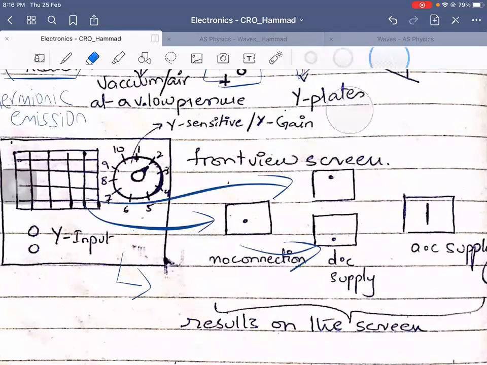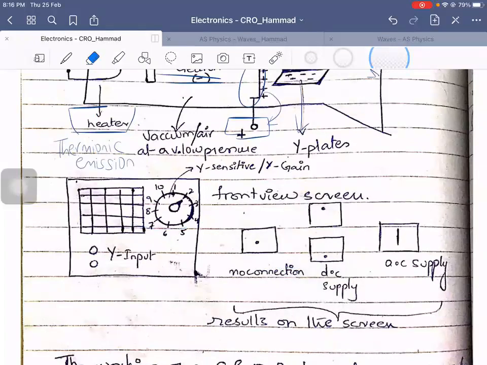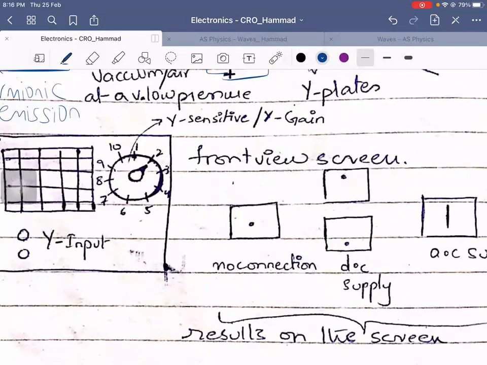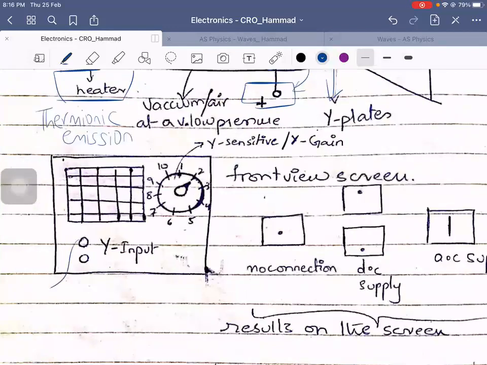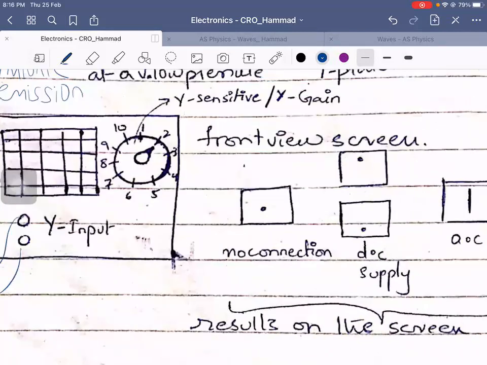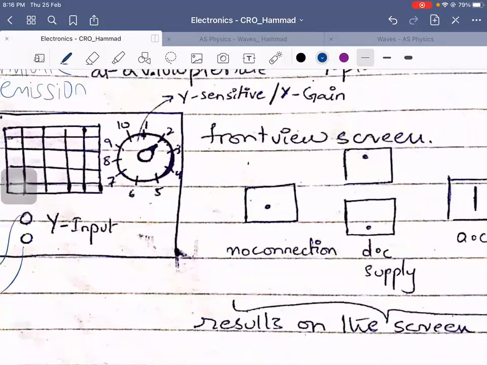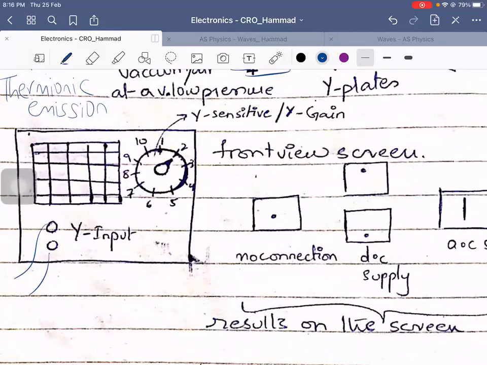Let's say for a minute that I connected my CRO, that is the Y input, right? I've just switched on the CRO. There are no connections to it. There would be no connection to the Y plate, therefore a dot, right?